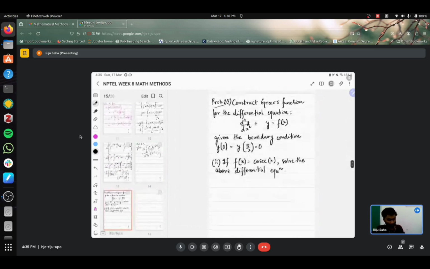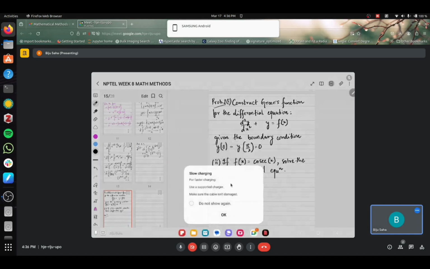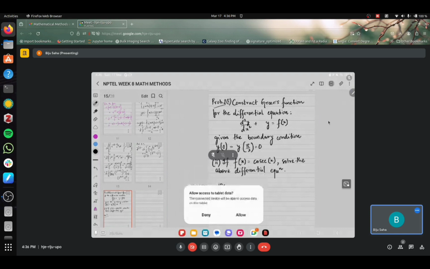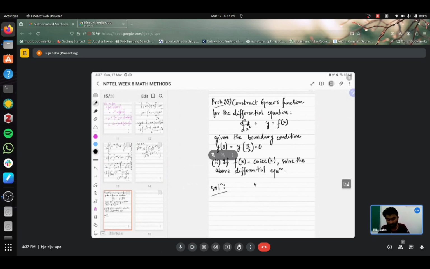Having performed that, let us come to the next problem.